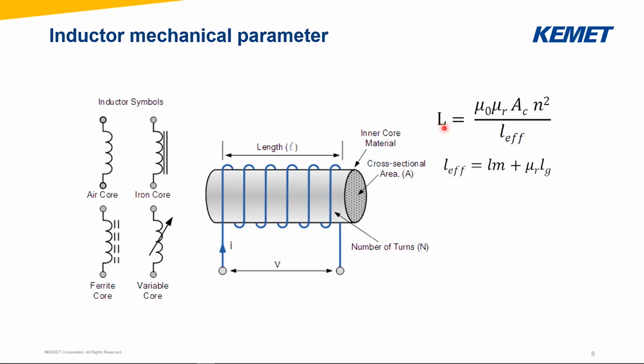But we need also to consider if we have 100 turns on an inductor, the component might get very big. The next thing is the effective area, A. So the higher it is, the higher my inductance gets. Also here is, to get a high inductance, I need to increase the size of the component, which is always not wanted. And the effective length I will show you on the next slide.